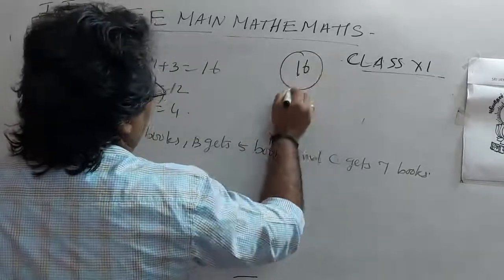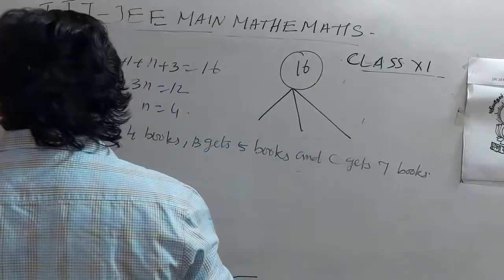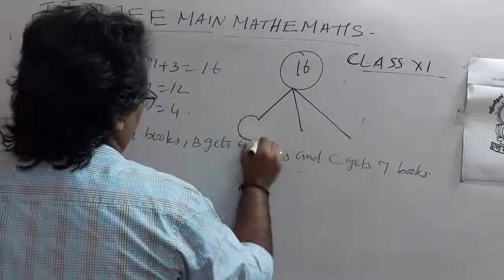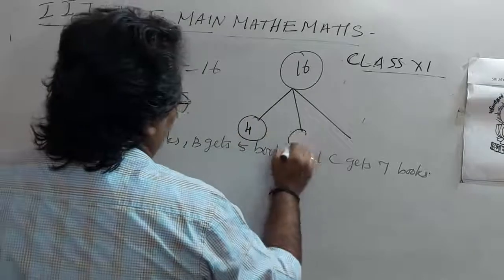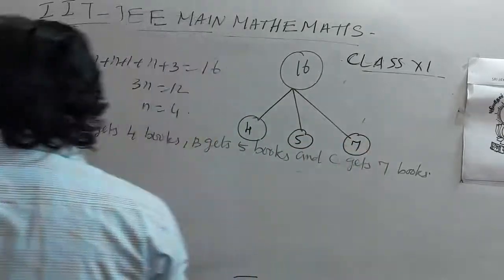Total is 16. One group 4, another person 5, then 7.